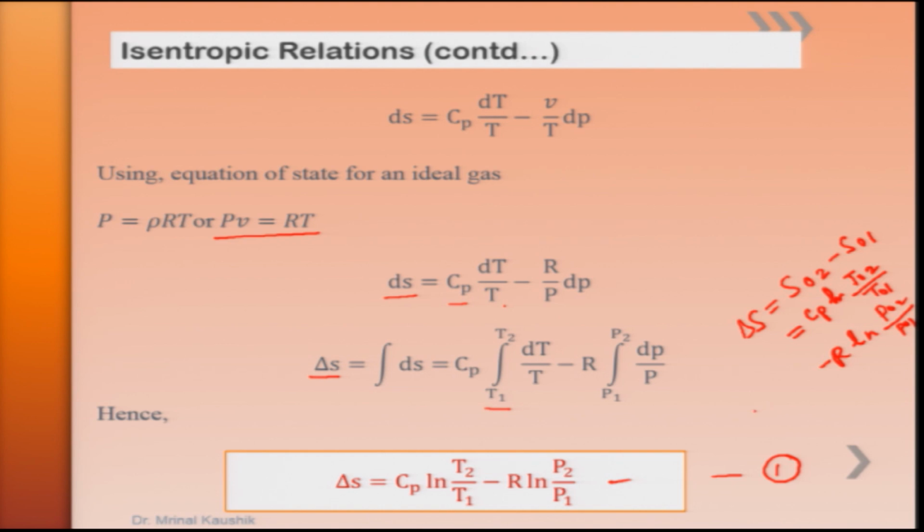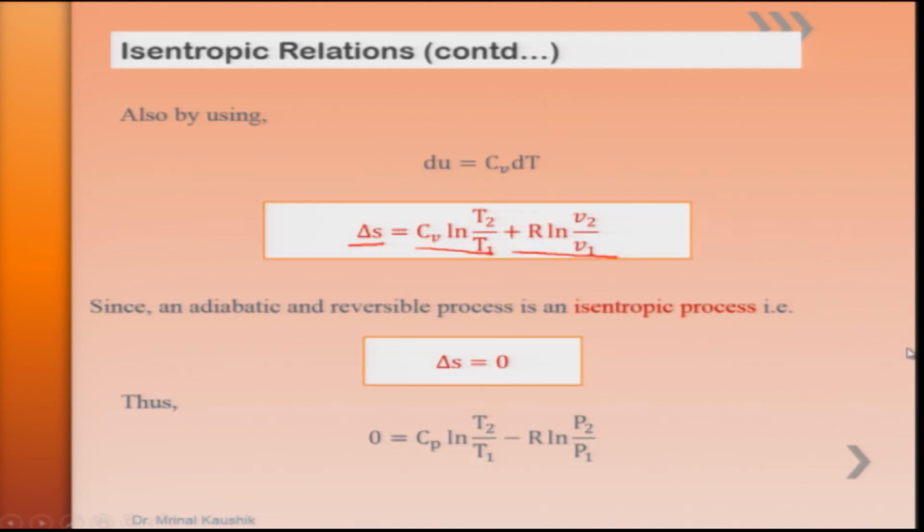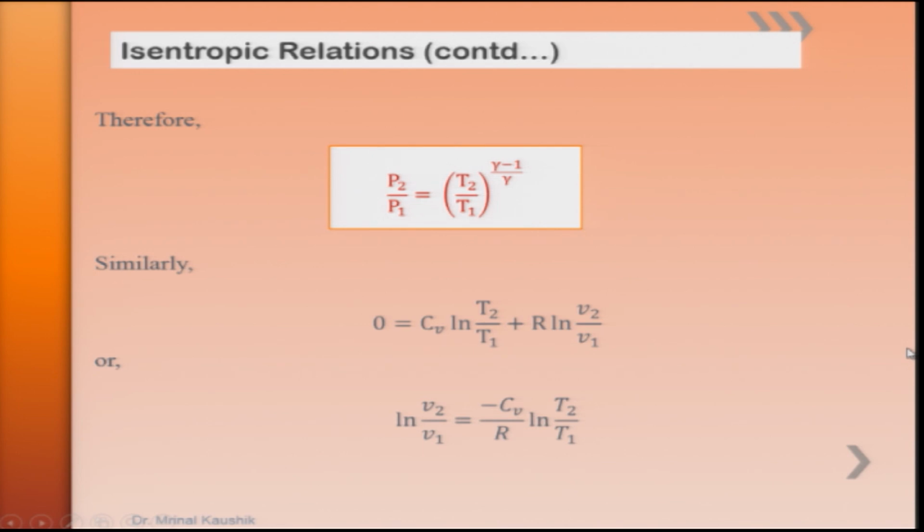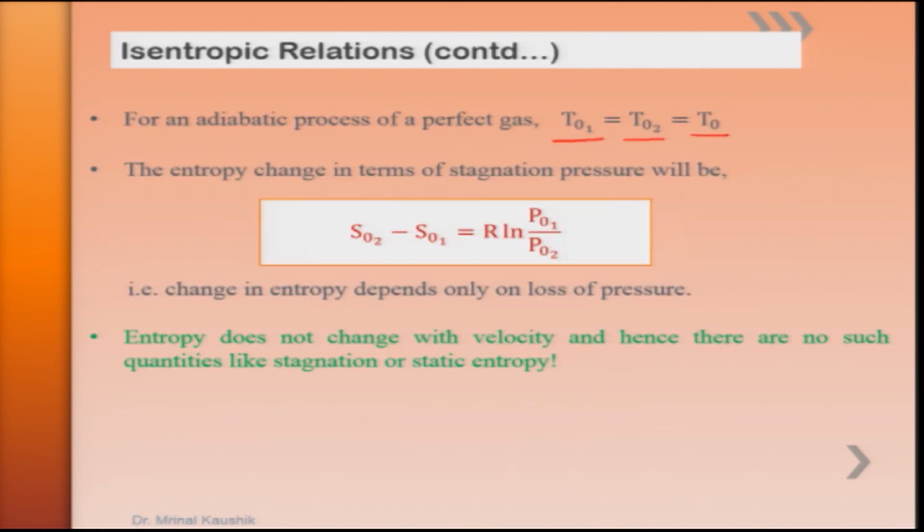Therefore, what we are left with is S02 minus S01 equal to minus R ln P02 divided by P01, and since the minus sign, if we take it inside, reverses the ratio, we are left with this expression: S02 minus S01 is equal to R ln P01 by P02.